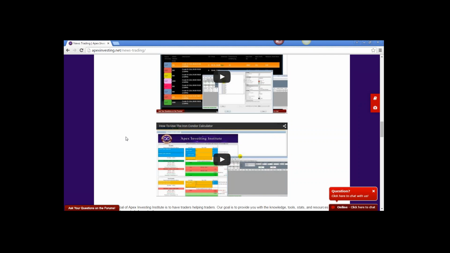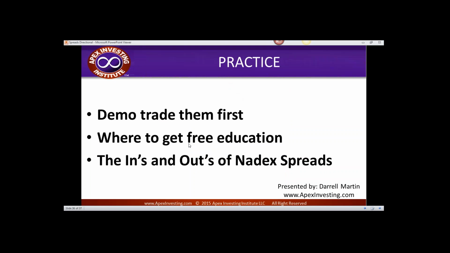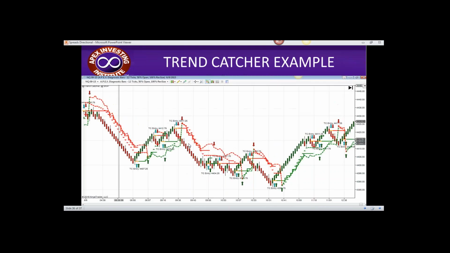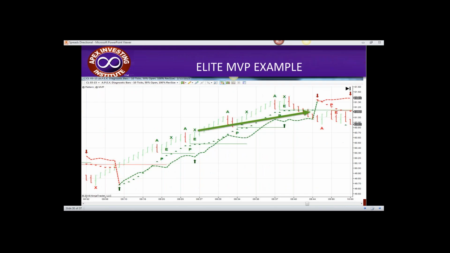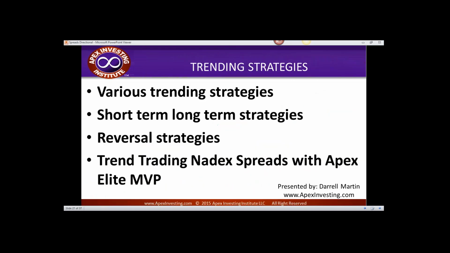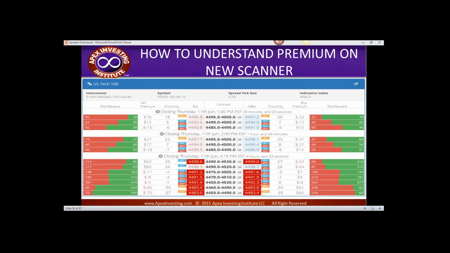Okay? And yes, that's what an iron condor is. It's basically buying and selling a spread at the same time. They're different spreads, but you're buying and selling. I'm just going to show you this real quick and then cut you off here. Remember we talked about premium.